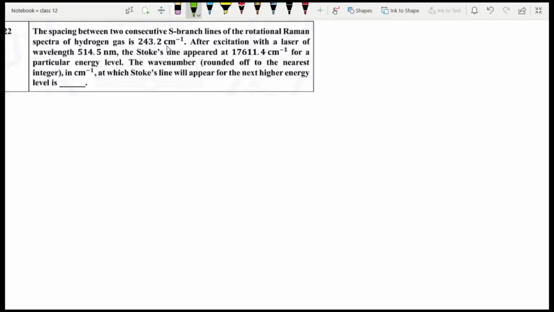So in the question, they have given the spacing between two consecutive S-branch lines of the rotational Raman spectra as 243.2 cm⁻¹. For an S branch, the lines occur at 6B, 10B, 14B and so on.